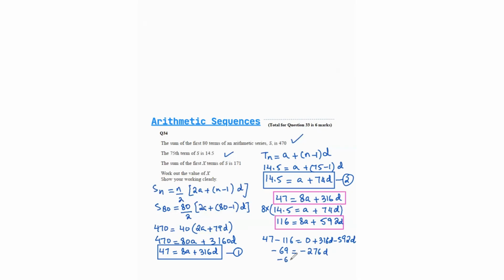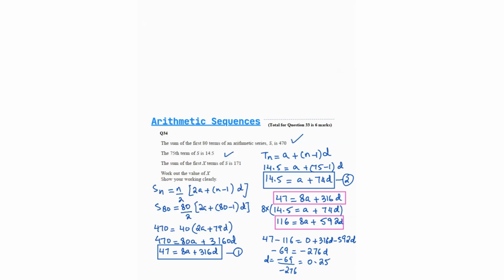Divide the two, and that's going to give us 0.25 or 1 over 4. That's your value of the common difference.